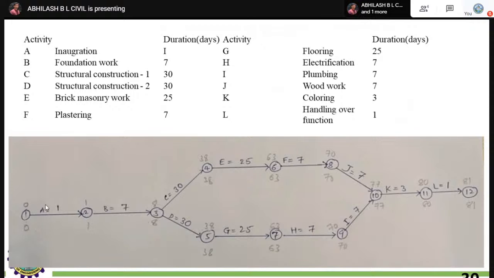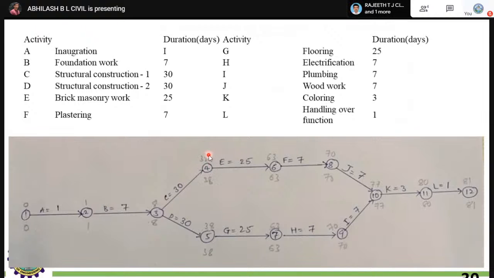Here 0 plus 1. The first thing you have to mention is 0 plus 1. The early start time of this activity 2 is 1. Same, B is 7. 7 plus 1, note down as 8. Next, from 8, C is given as 30. 8 plus 30 is 38.